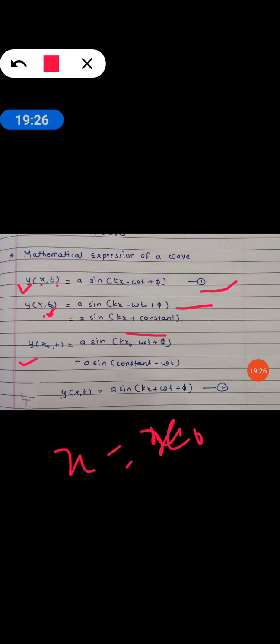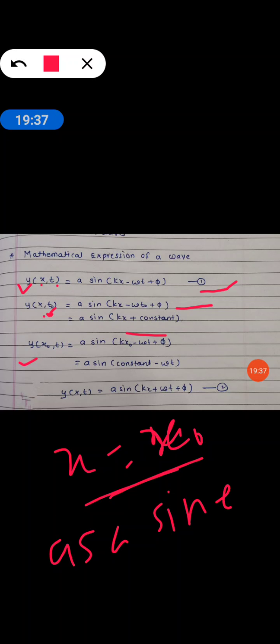Hence, the displacement y at x = x0 varies as a sine function. This is a sinusoidal waveform.